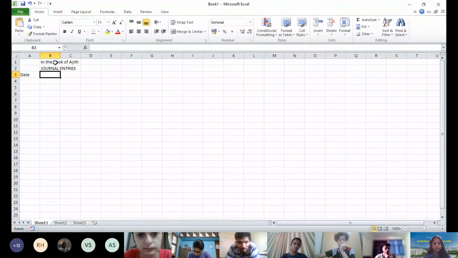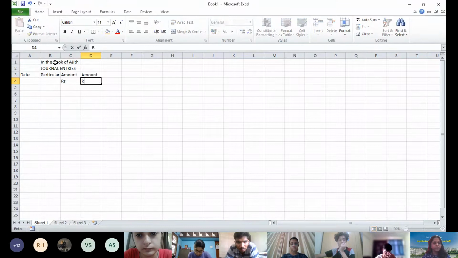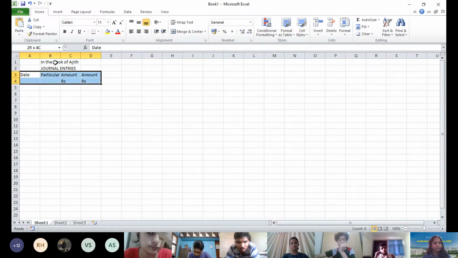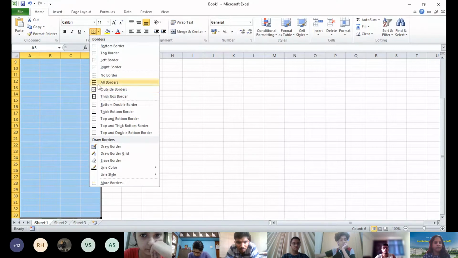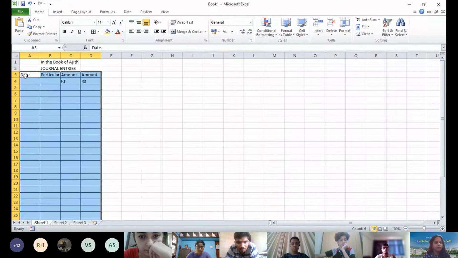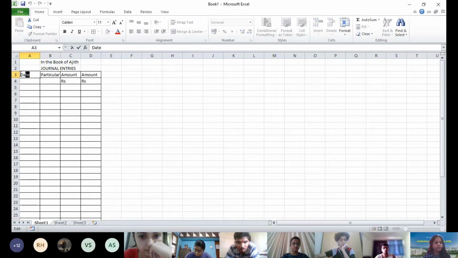Date is not there here, but the serial number is there. So we'll write it as date only. Date, particulars, amount, rupees. I'm highlighting it. Yeah, that's nice. Over. So all is done.